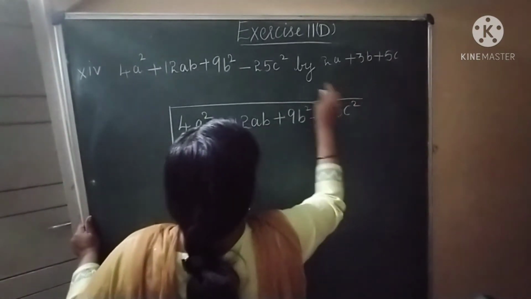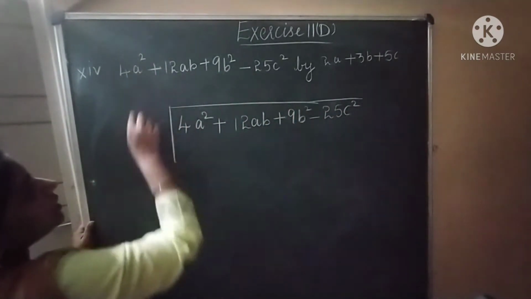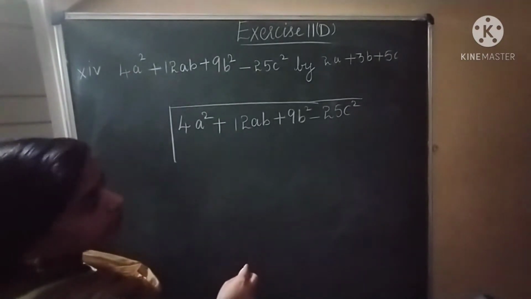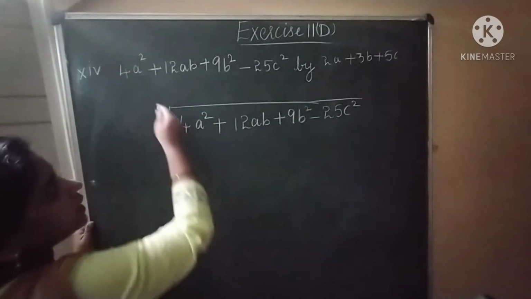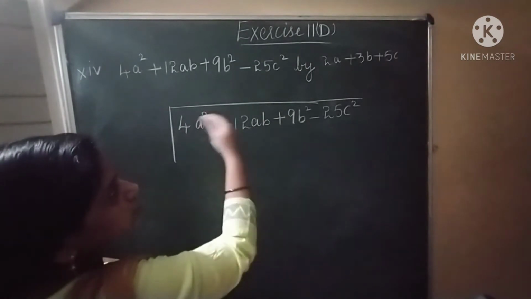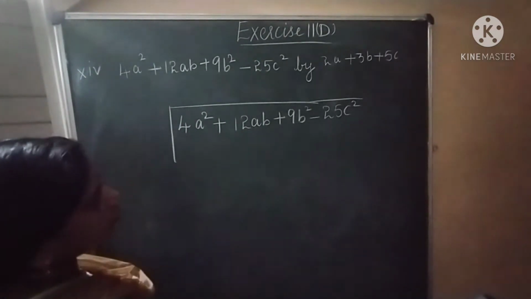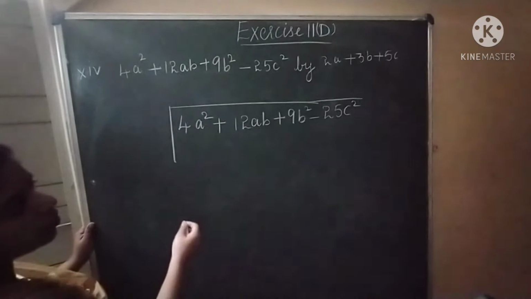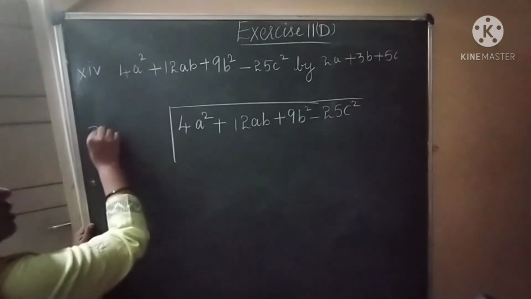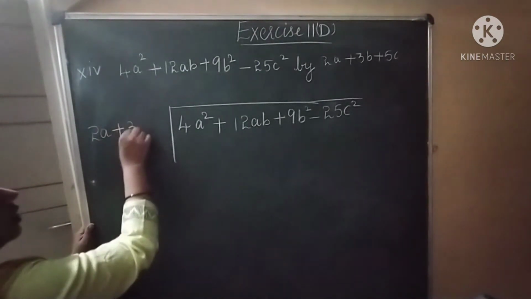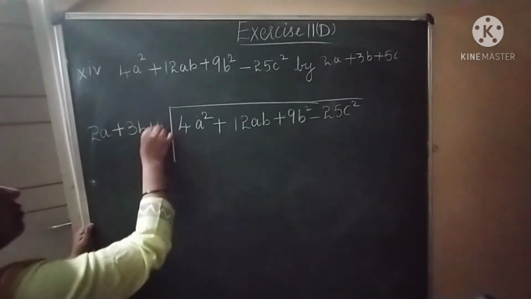If you observe the dividend, you can see the power is square. So the highest power is 2 and it's already in the correct format, higher order to lower order. So write down the divisor 2a plus 3b plus 5c.